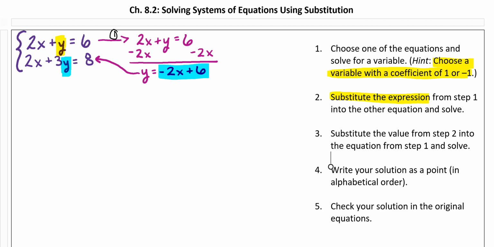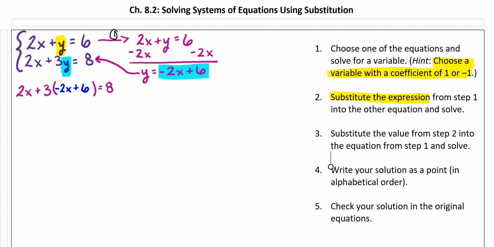So to do this, we're going to rewrite the expression 2x plus 3, but instead of putting a y, I'm going to put parentheses because I'm going to substitute that in, equals 8. And what I'm substituting in is negative 2x plus 6.